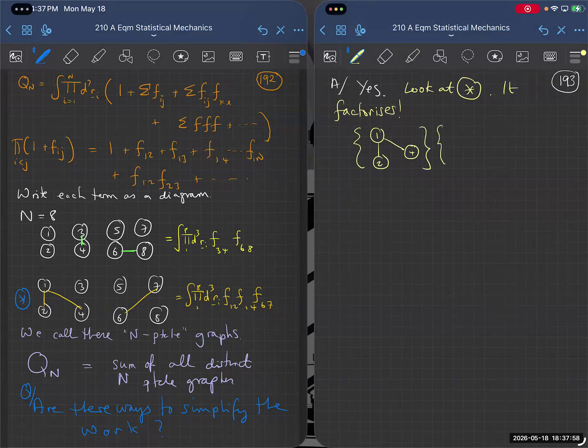And then there's the graph 3, which is not connected to anything. There's the graph 5, which is not connected to anything. And then there's the graph 8, which is not connected to anything. And then there's the graph 6, which is connected to 7. So it factorizes into things like that.